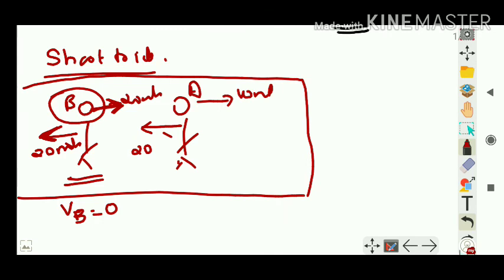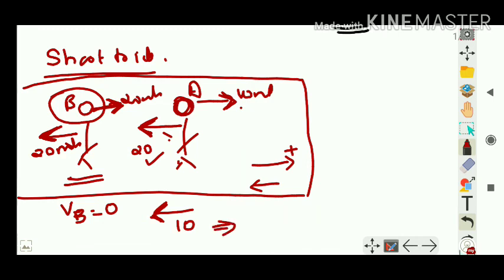Clear? So in the scenario, A has 10 meters per second in this direction and 20 in this direction. What will be the net velocity of A then? It will be in this direction: 20 minus 10, and 20 is larger, so the same direction. I just told you this direction is positive, so this direction will be negative. So the answer is minus 10 meters per second.